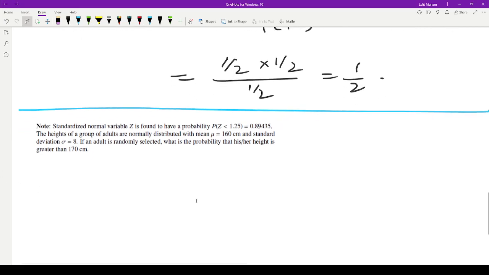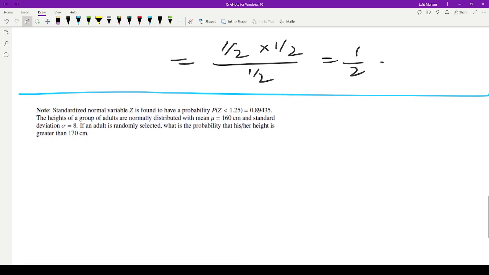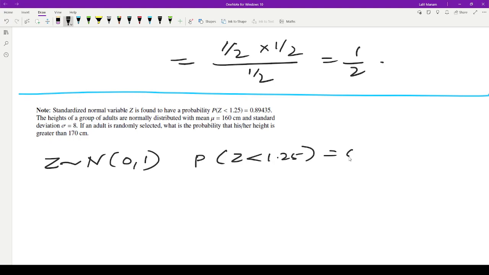We are given a standardized normal variable, which means mathematically, Z is a normal random variable, standard in the sense that it has zero mean and unit variance. It's also given to us that the probability of Z taking a value less than 1.25 is 0.89435.